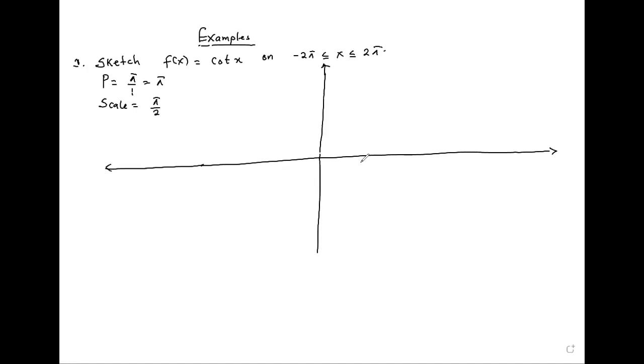From 0, we'll go to pi over 2, then pi, then 3 pi over 2, we end at 2 pi, negative pi over 2, negative pi, negative 3 pi over 2, negative 2 pi.